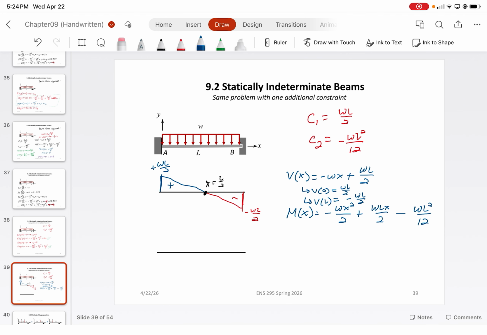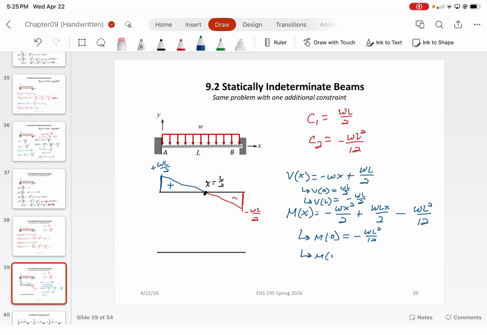All right. So we know that at x equals 0, at m of x equals 0, that bending moment is just going to be negative wL squared over 12.